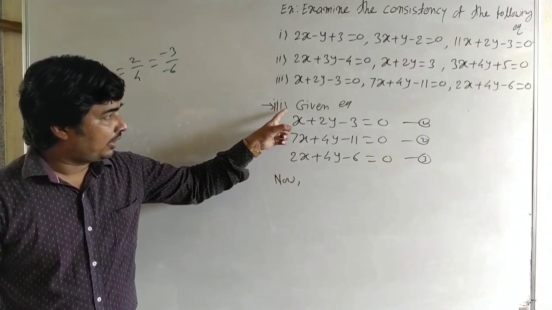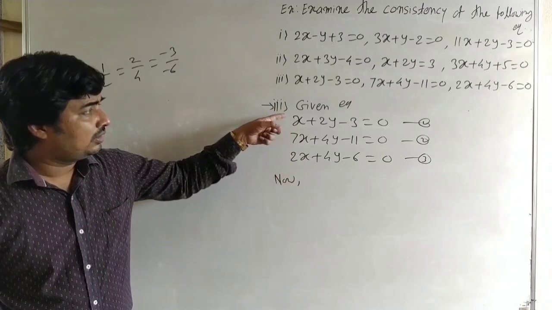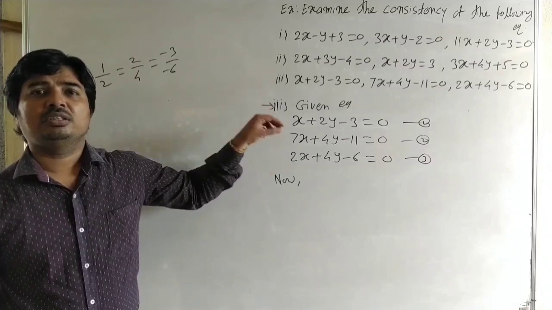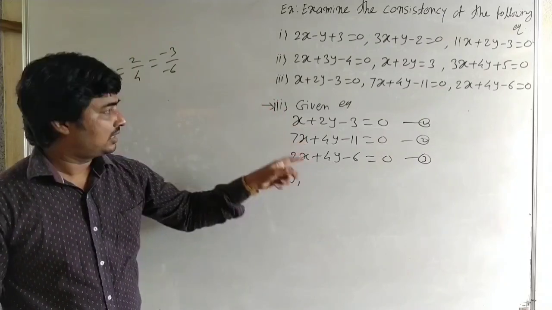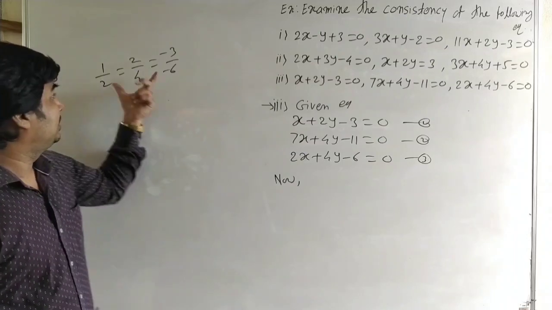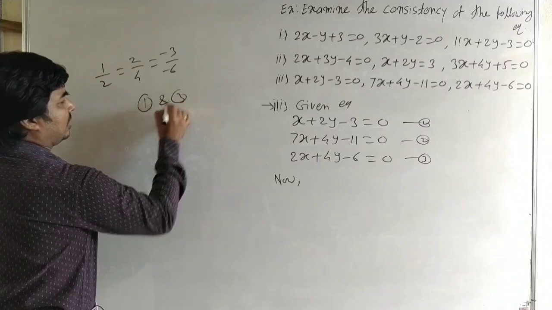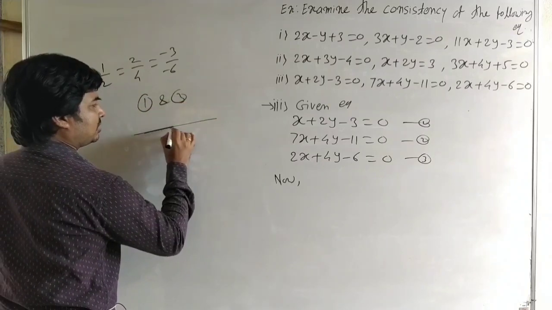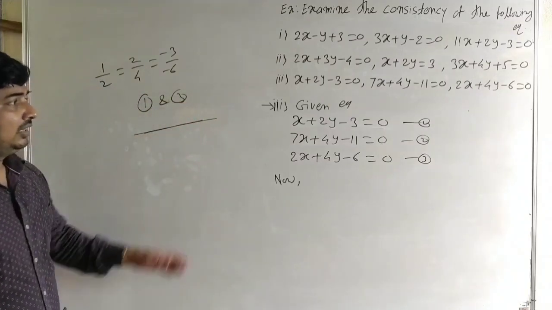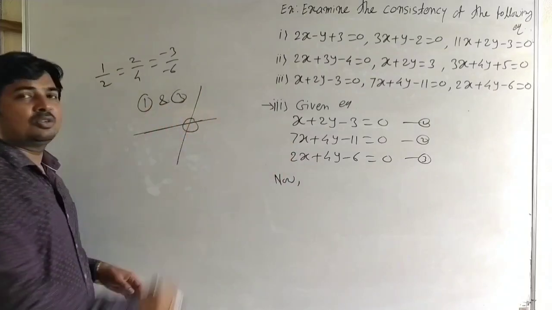But we want to find the condition for the common solution, that is the consistency of these three lines, not only these two lines. These two lines 1 and 3 have infinitely many solutions because the lines are consistent, and if the second line also intersects, then there is one common solution.